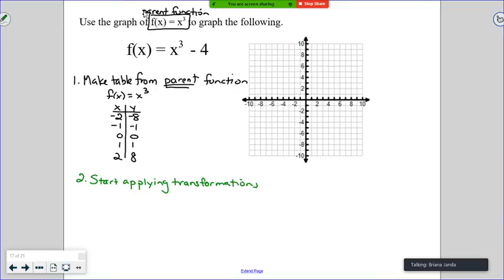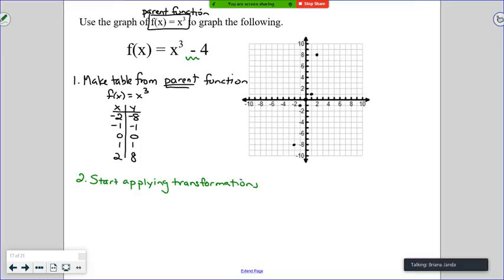Now I address that. So now I go to what I'm supposed to be doing, and I do that to this graph. Well, there's only one transformation. It is a plus or minus, which means it has moved us down to this last box. In that last box, it said dot out our table and count that in the picture. So if I dot out my table, I have these points: -2, -8; -1, -1; 0, 0; 1, 1; 2, 8. And now I go to my transformations.